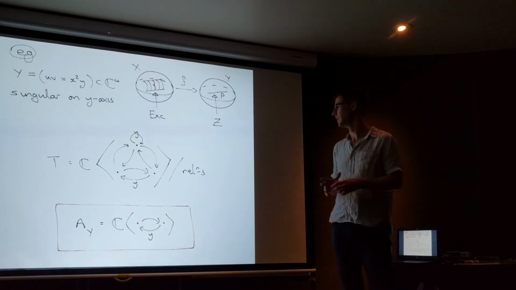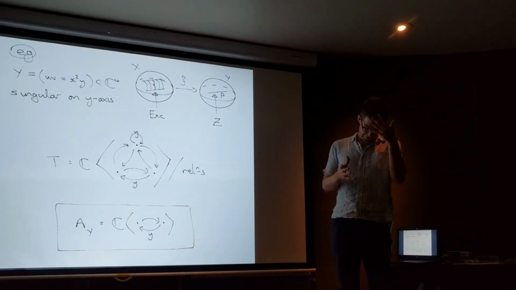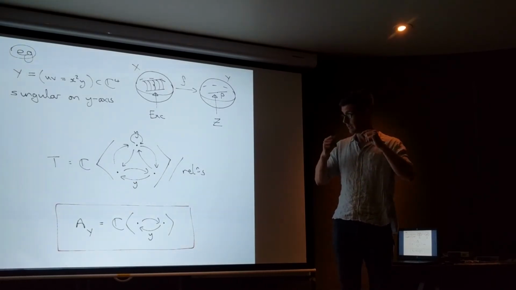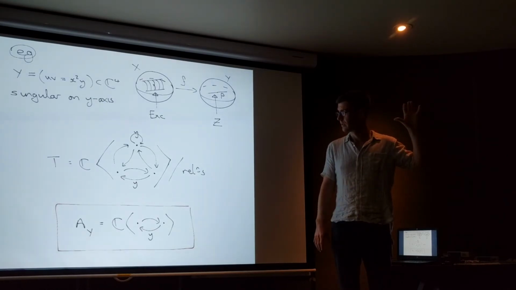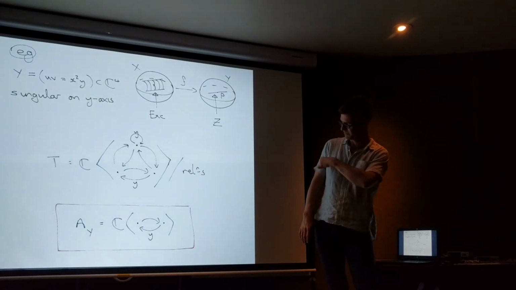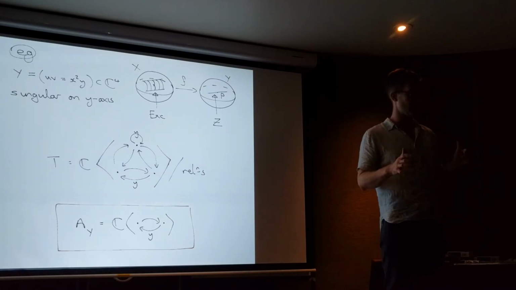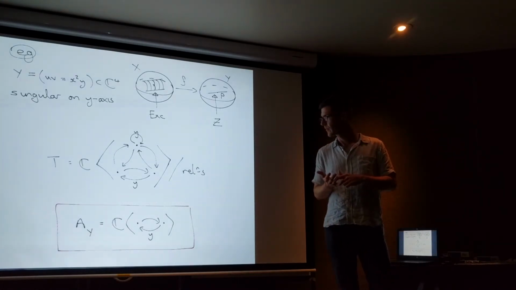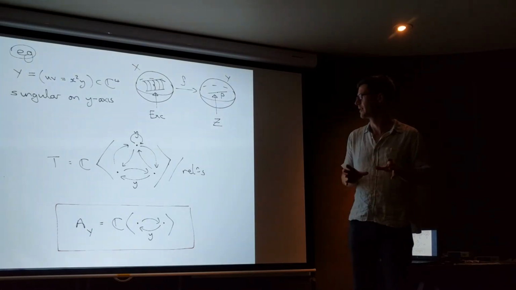Okay, so just let me explain in words what's happening in this picture. So the quiver is a directed graph. What I mean by putting that in braces and putting C, I mean the free algebra on that quiver, which is paths and multiplication given by composition of paths.